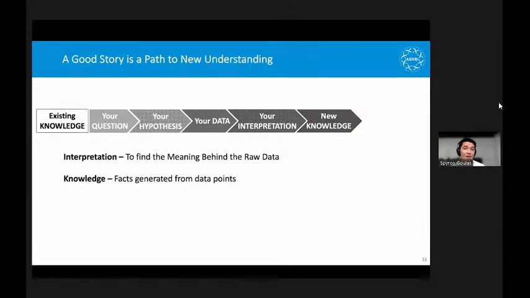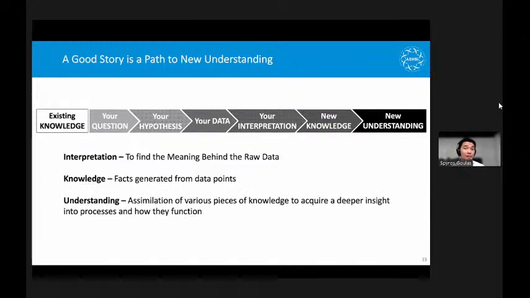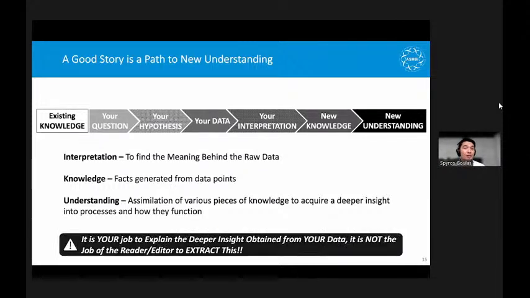Then, from this knowledge, if a reader develops further insights into deeper processes, then one can say they have achieved a newfound understanding. A good story incorporates all these elements. So make no mistake that it is your job to explain the deeper insights obtained from your data, and it is not the job of the reader or editor to extract this.